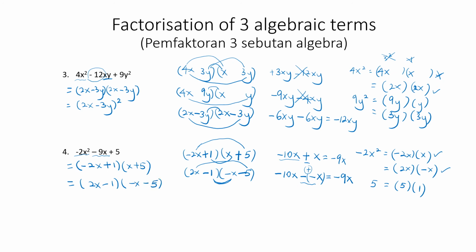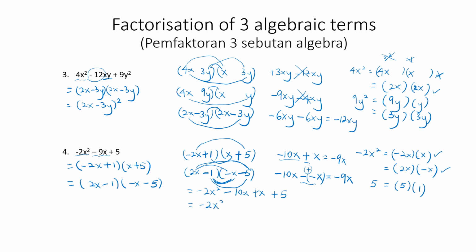You can double check it by doing an expansion. So when you expand this out, 2x multiplies with negative x, you will get negative 2x squared, and multiplies with negative 5, so you get negative 10x, and this gets positive x, and this will get plus 5.